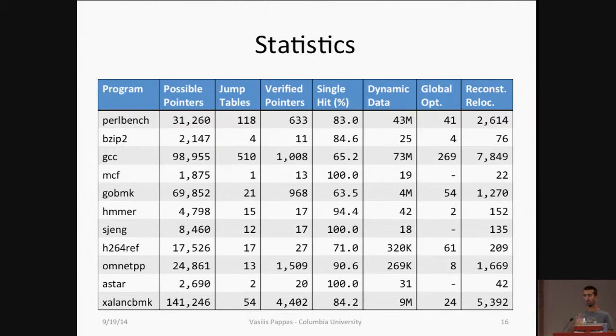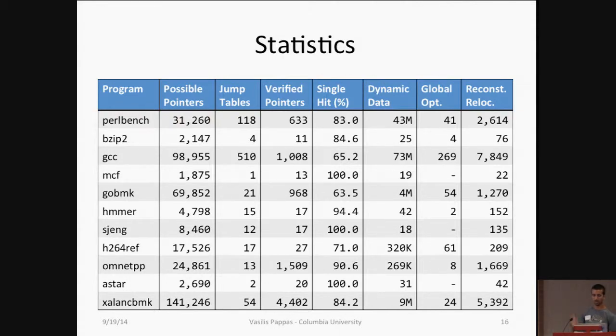When we load the binary, we go through all the code and initialized data, and we try to find values that fall within the code segment that could potentially be absolute pointers. And then on the second column, we see the number of jump tables we were able to reconstruct when we executed these programs, followed by the number of verified pointers based on the technique I described before.